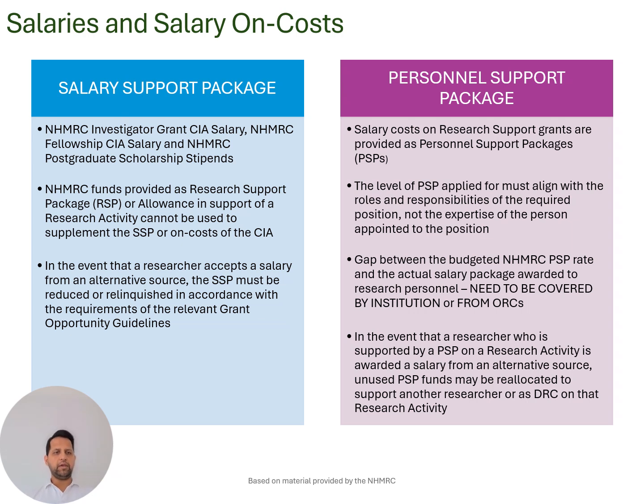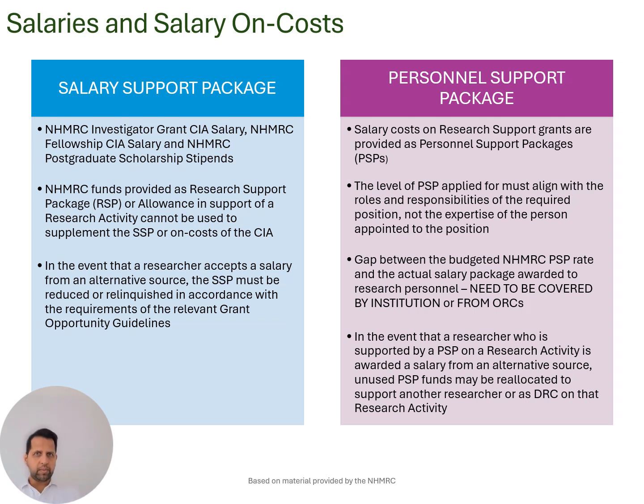So let's say, for example, if a role requires a very specific biostatistician, you have to align that PSP, what you're going to pay them, based on what the duties of that position are, rather than somebody who will be in that position, right?